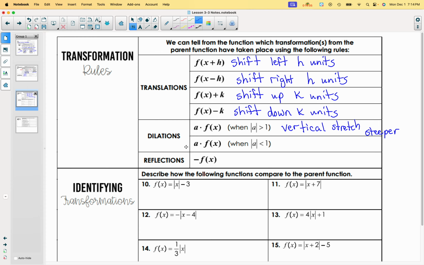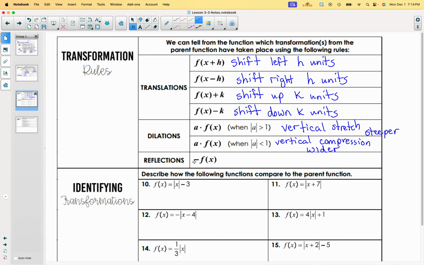If that value that's being multiplied by your function has an absolute value less than 1, like a half or a third, it can be a decimal value that's less than 1, or it can be negative 1/4 or something like that, then you're going to have a vertical compression and your graph is going to appear to be wider or flatter.